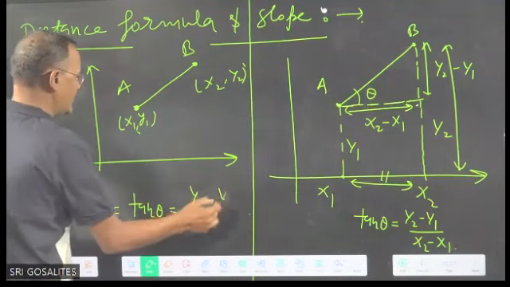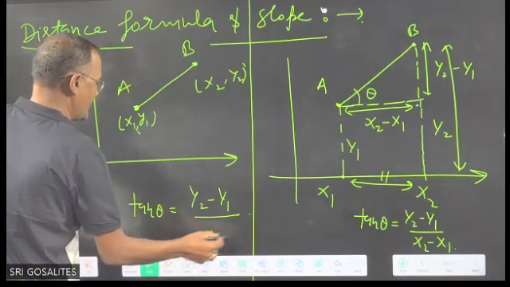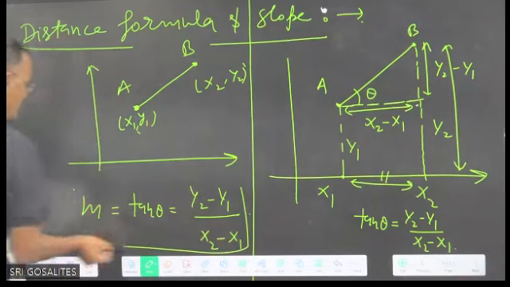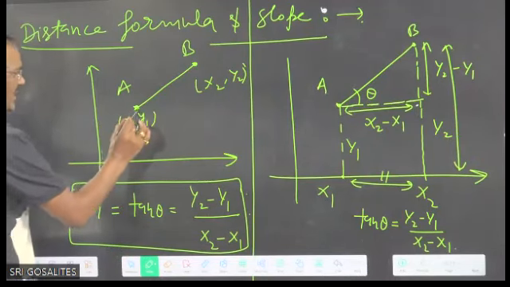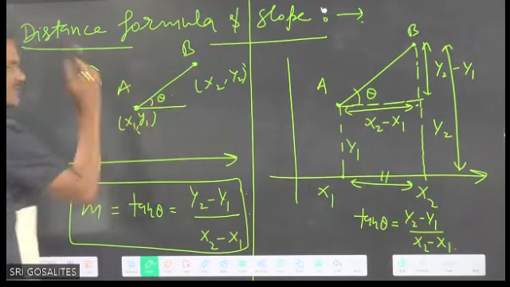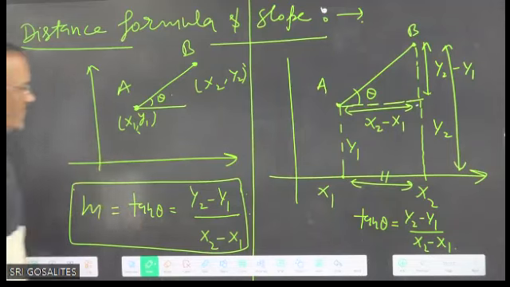That is y2 minus y1 over x2 minus x1. The theta is the angle made with the x-axis. Okay, copy this please.